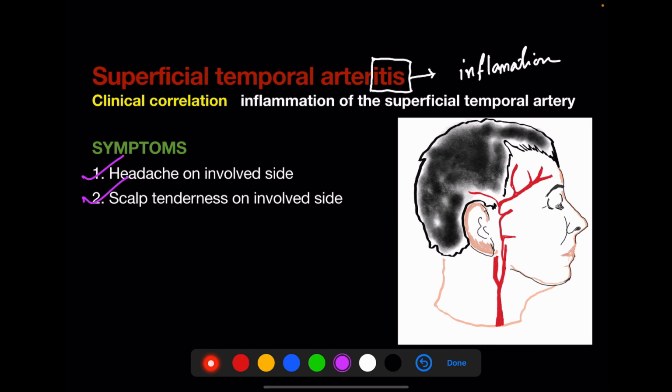Here you can see in the picture, this is your temporal artery. I'm going to use black, superficial temporal artery, as we discussed in the previous slide. And headache will occur here.